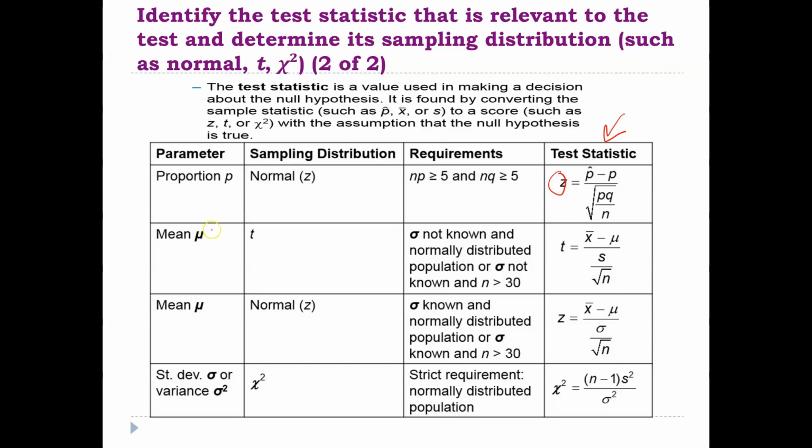When we're testing population mean and sigma is not known, we're using t-statistic. When we're testing population mean, mu, and sigma, the standard deviation of the population, is known, we use z-statistic and we use this formula. When we're testing standard deviation of the population, we're using the formula for the chi-square distribution.